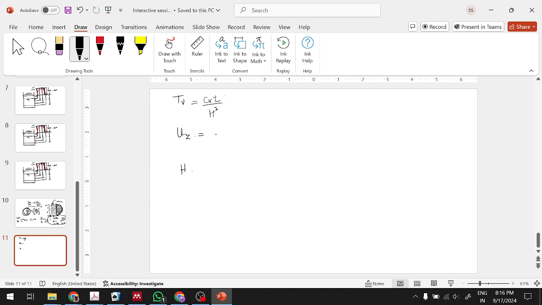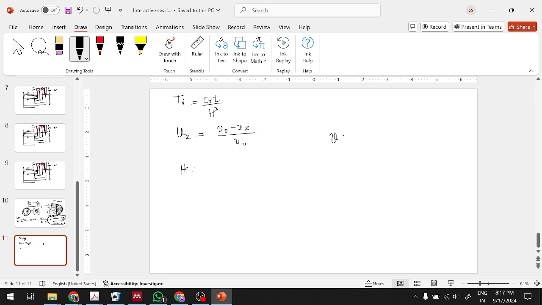UZ is the degree of consolidation. It tells you how much consolidation has already taken place at a time t, and H is simply the depth factor. It depends on the number of drainage spaces, and then you take the time average.